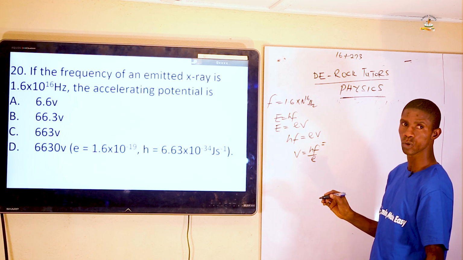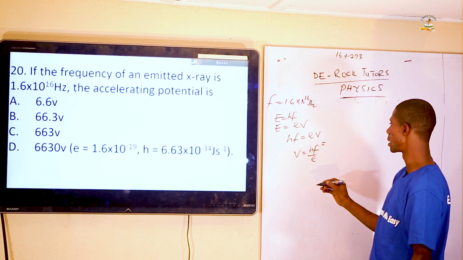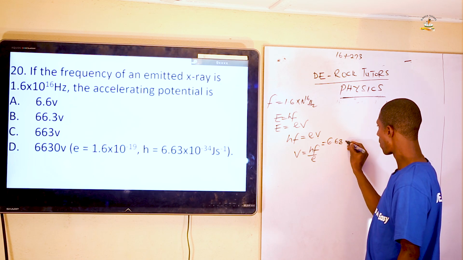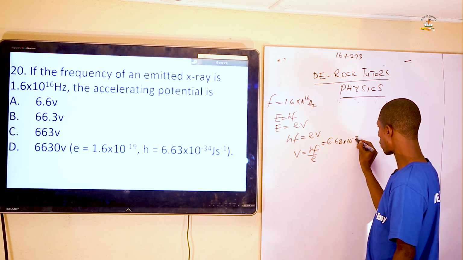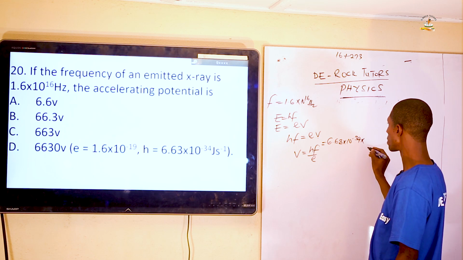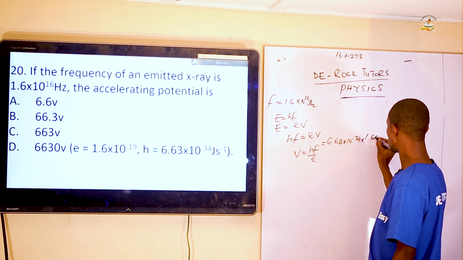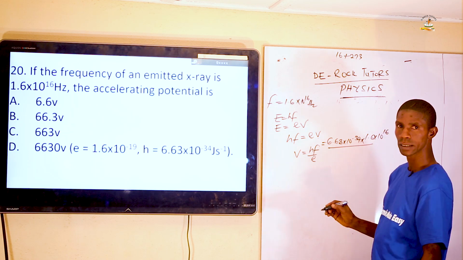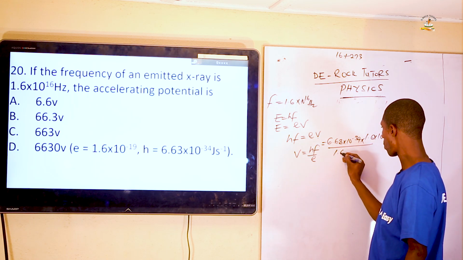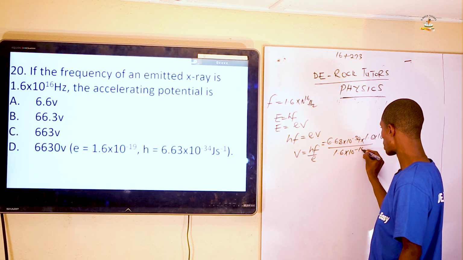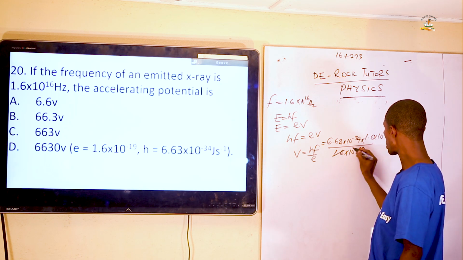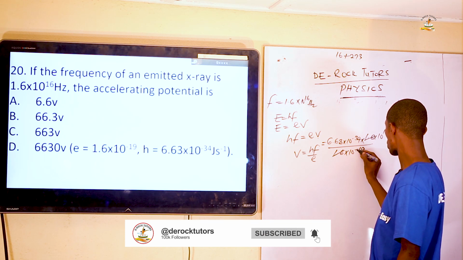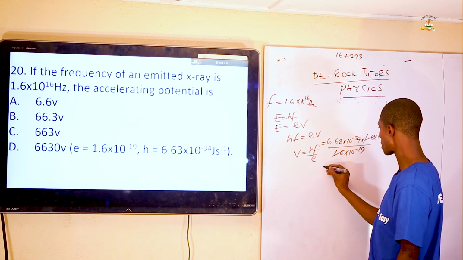Substituting the values: 6.63 multiplied by 10 raised to the power minus 34, multiplied by the frequency 1.6 times 10 raised to the power 16, over the charge of the electron, 1.6 multiplied by 10 raised to the power minus 19. The 1.6 cancels out the 1.6, so minus 19 becomes plus 19.